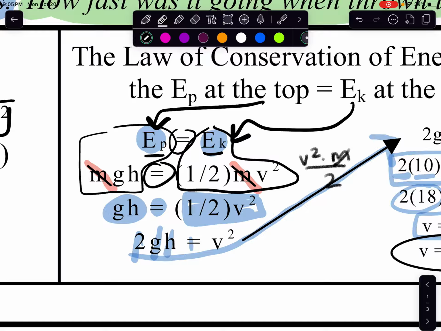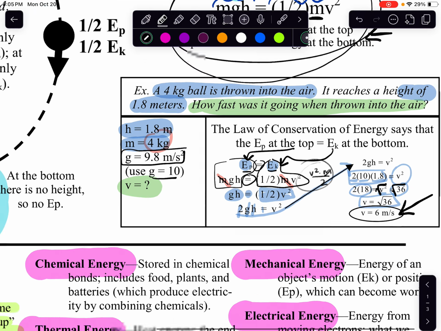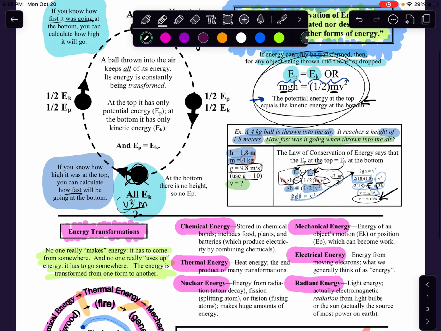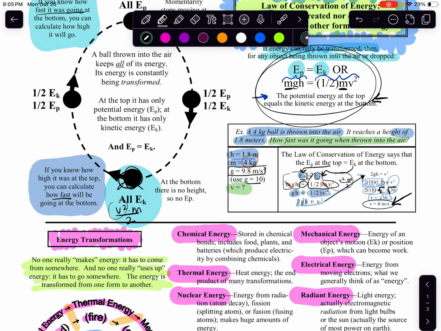I did leave on the whiteboard the different versions of how you can write this kinetic energy formula. If you wanted to look at that again today, I left that up on the board. So there's kind of how the math works and why it works. They're equal to each other because you don't lose energy.